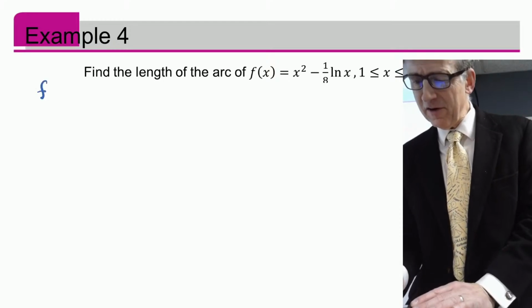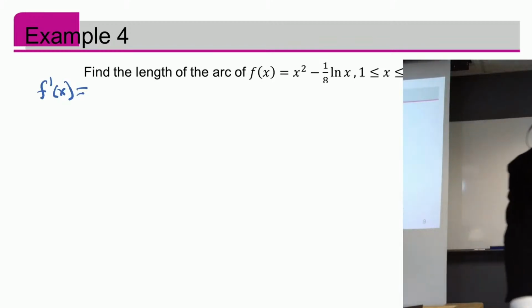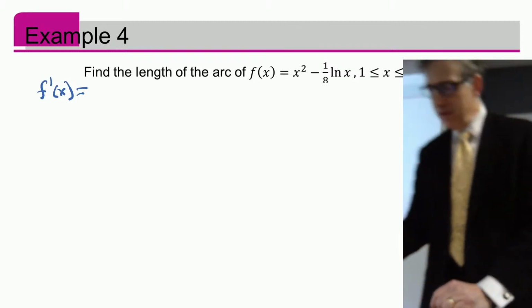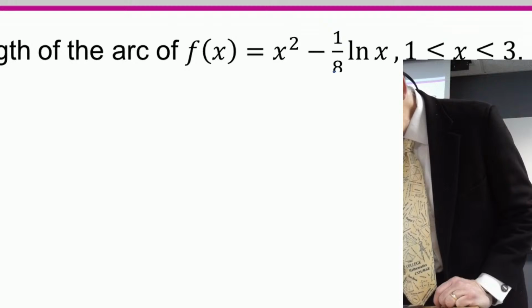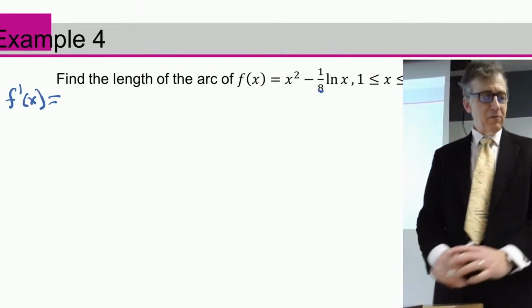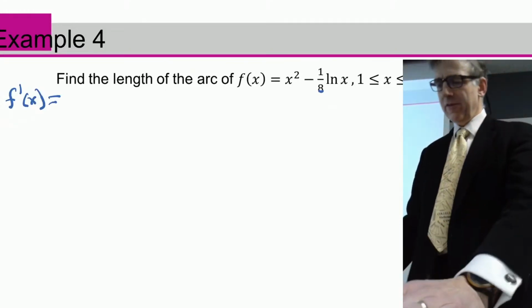So first things first, we need the derivative. Go ahead and jot your derivative down for this function. And that's 1/8. I know it got cut off down there. I'll just make it into an 8. So find your derivative. Americo, once you get it, let me know what you get for this derivative.